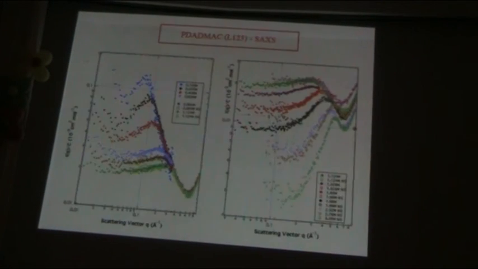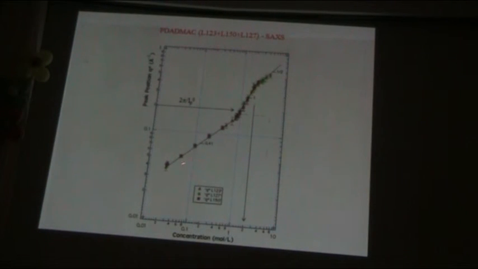Now if you use polydenmark, you have the same, but the contrast is lower, of course. And what you are able to observe, you observe the semi-dilute regime, as you will see with the small angle neutron scattering, but you have this Q proportional to C here, and after the nematic regime.